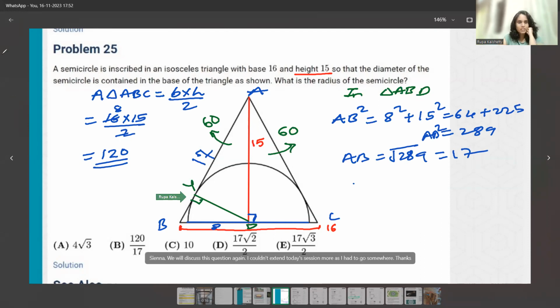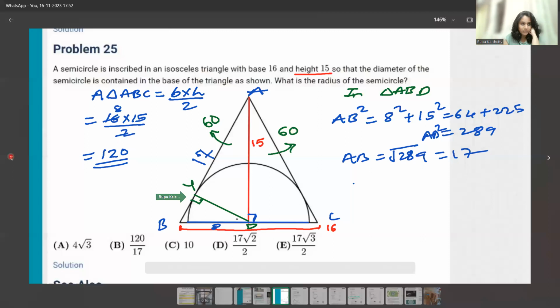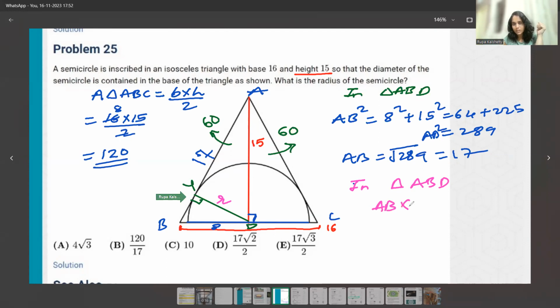Now, coming back to this half triangle ABD, you know that AB is 17, and YD, we are taking it as a height, which is also the radius. We want to find the radius, so let's take the radius as R. In triangle ABD, the area can be written as base AB times height R, by 2, equals 60.